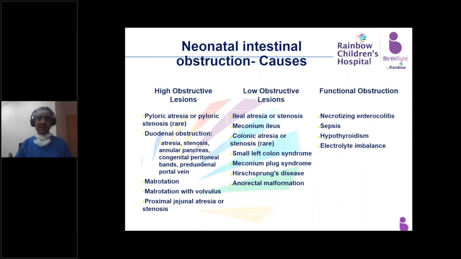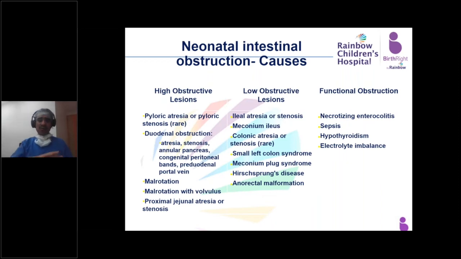There is certain important history based upon which we predict whether there is a high obstructive lesion or a low obstructive lesion. It is important for us to differentiate these two, because one disease, malrotation with volvulus, is a life-threatening cause of high obstructive lesion for which early, immediate surgical intervention is needed.